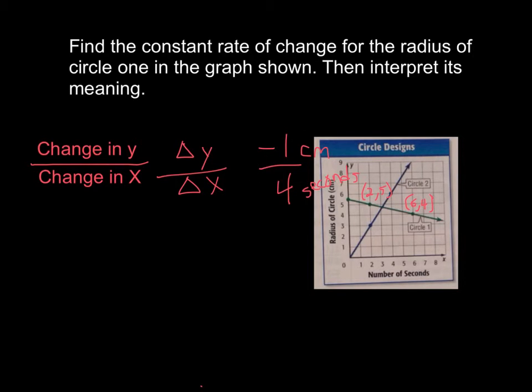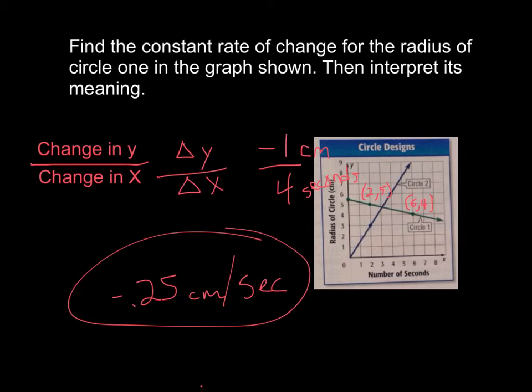Or if we divided this out, okay, negative 1 divided by 4 would be 0.25, or 25 hundredths centimeters per second. So when we interpret what it means, I could say that the radius of the circle decreased by 0.25 or 25 hundredths of a centimeter every second.